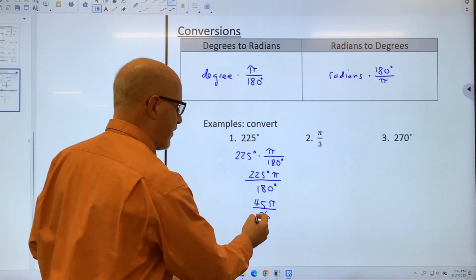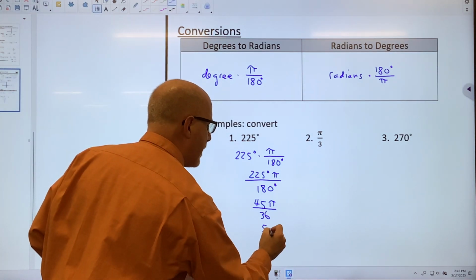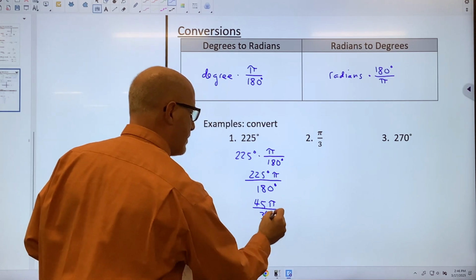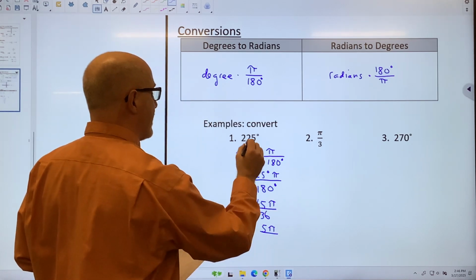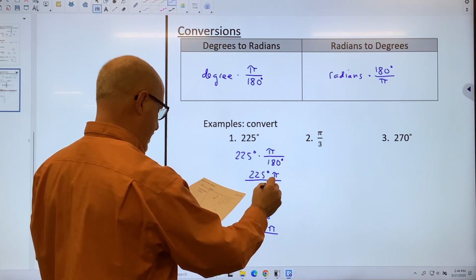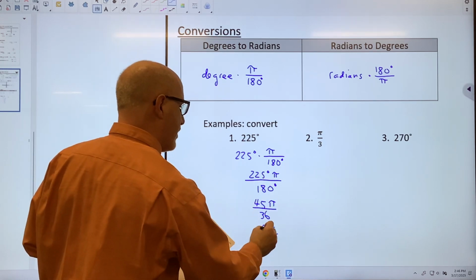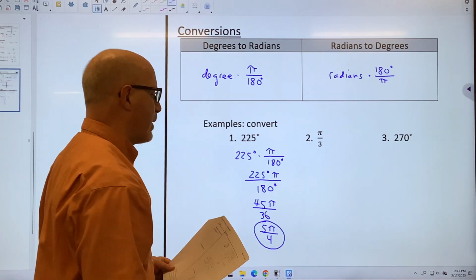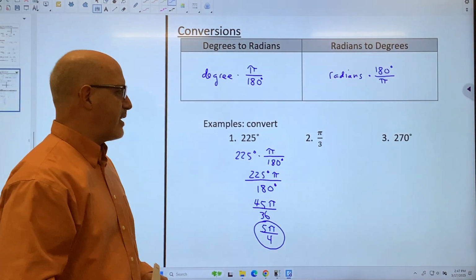So if I take out a 9, I'm going to have a 5 pi, and then take out a 9 here, I'm left with a 4. So 5 pi over 4 radians when I reduce that down.